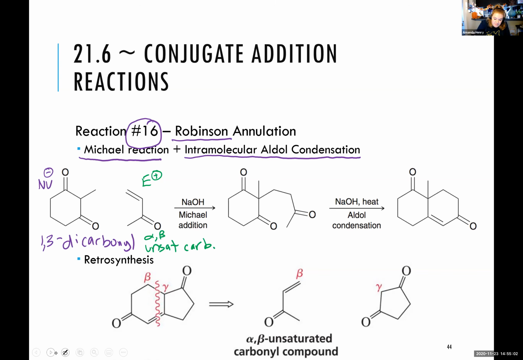We're reacting it with base. That's it. The base is going to remove that alpha hydrogen, and the new bond that's going to happen, this is all that's going to happen. We're going to go from the alpha of one to the beta of the other, and we're going to get rid of that double bond. So this is our 1,5-dicarbonyl. This is the product of the Michael reaction.